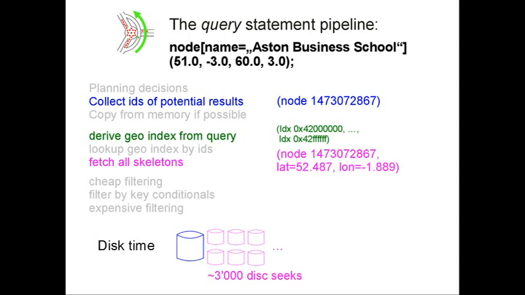But searching at this many index positions for the node skeleton takes 3000 units of disk time. Though this query with a large bounding box is much slower than the same query would have been without a bounding box.